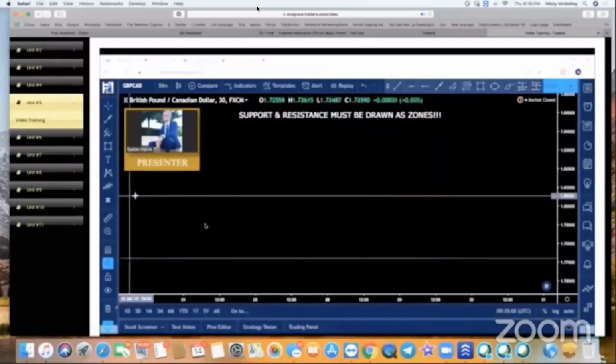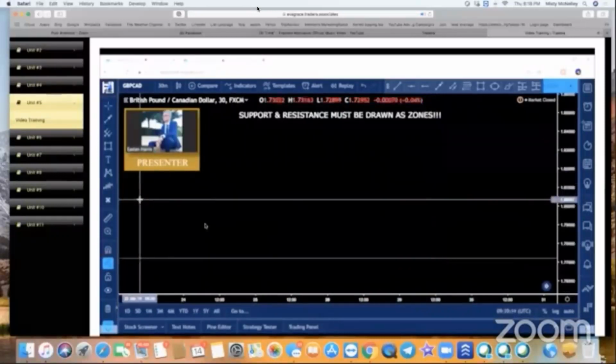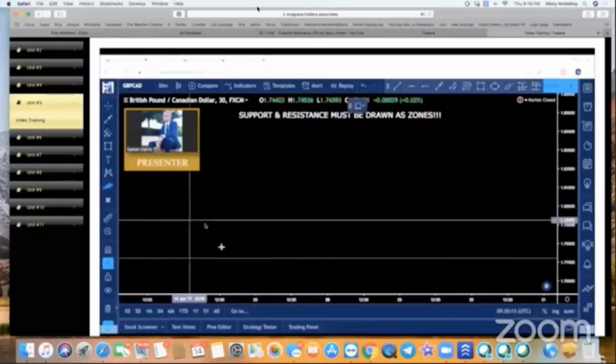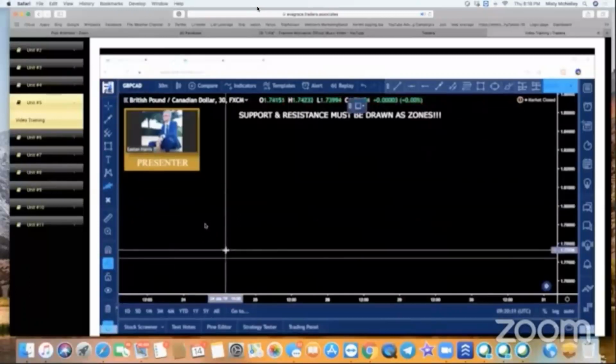Up until this point, we showed you guys the concept of support and resistance using solid lines. Now, price does not respect such a specific point within the market. Price fluctuates all the time, and there's not going to be a set specific point that the market respects every time.